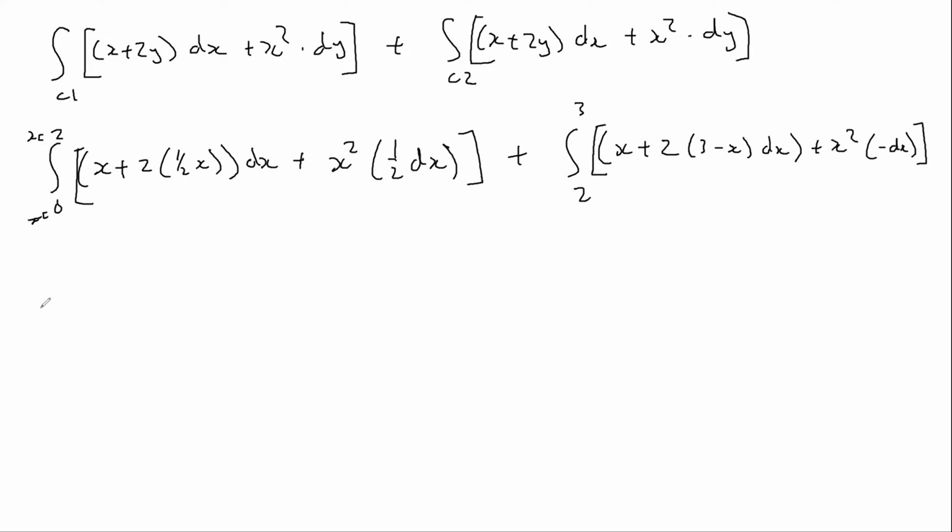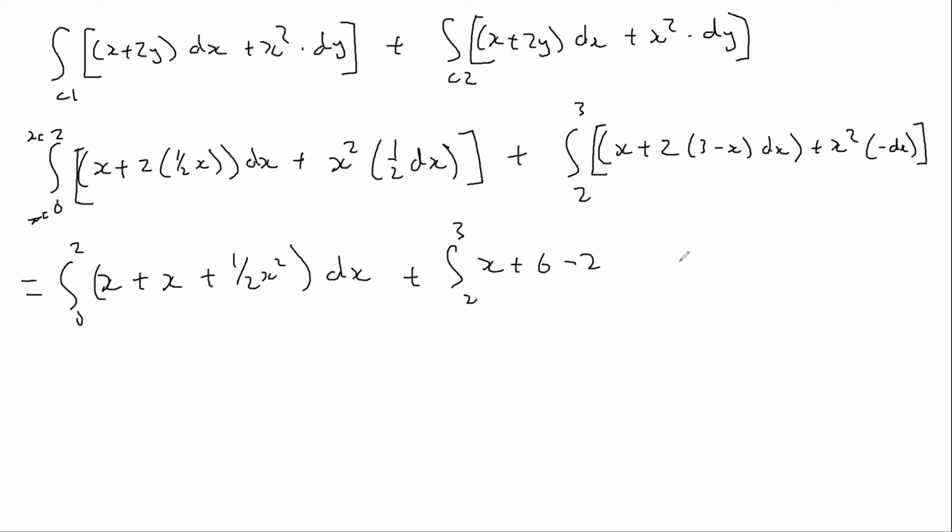Okay. All right, so let's compute this out. So let's simplify this first. So we have 0 to 2 of x plus 1/2 x squared dx. And then we're adding 2 to 3. And so we have x plus 6 minus 2x minus x squared, and multiply that by dx.